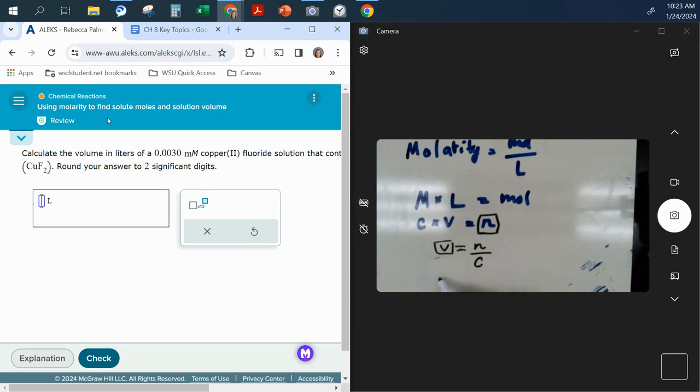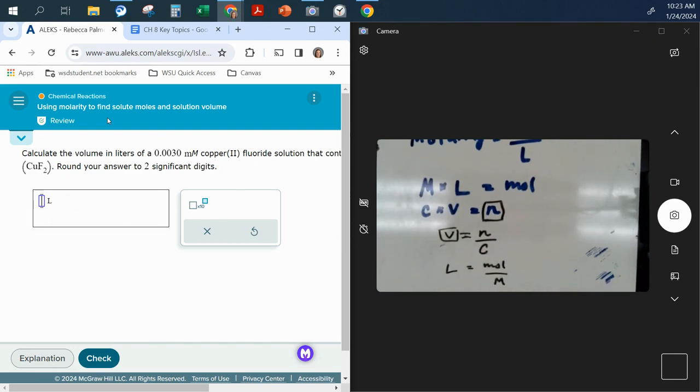Or volume, which is liters, is moles divided by concentration, which is molarity. So we're just taking our original equation and pre-solving it for the unknown that we want. Okay, question so far?